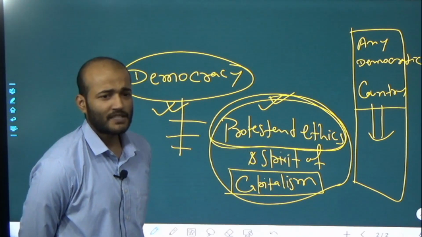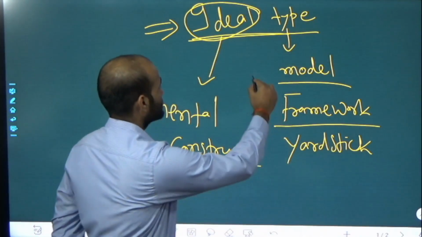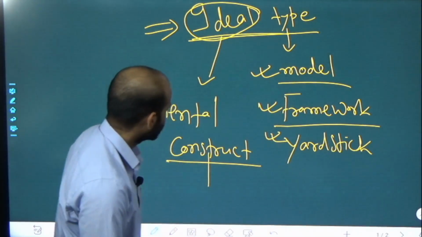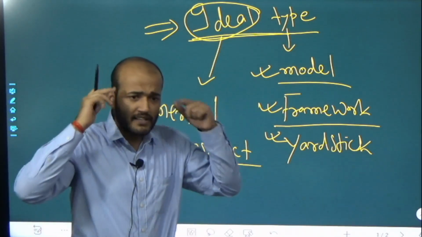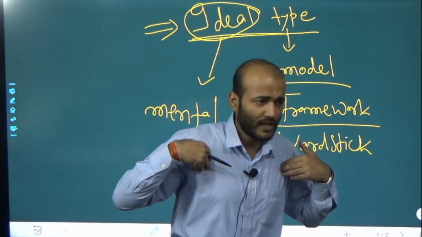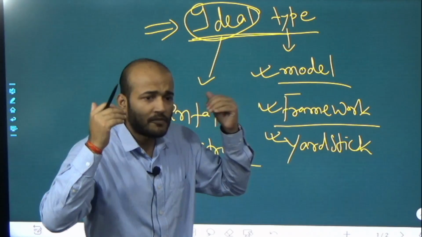So ideal type is nothing but a kind of model, a kind of framework, a kind of yardstick, right? And it should be created, generated by the researcher while conducting the research, inside their brain in abstract form.